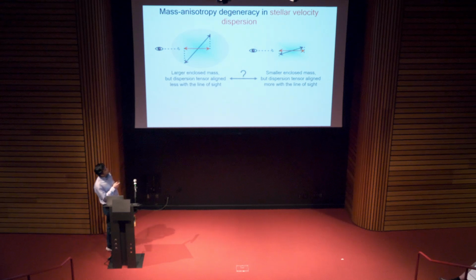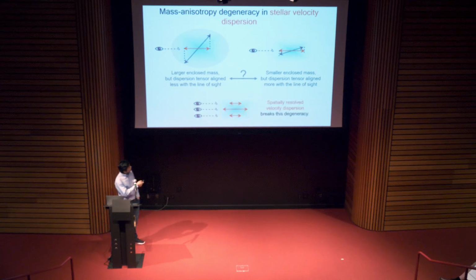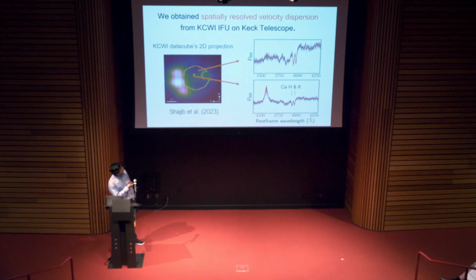So we don't know which one is correct, right? However, spatially resolved velocity dispersion can help us break this degeneracy. So spatially resolved velocity dispersion helps us break this mass anisotropy degeneracy and also the mass sheet degeneracy. That's why we are collecting spatially resolved velocity dispersion.